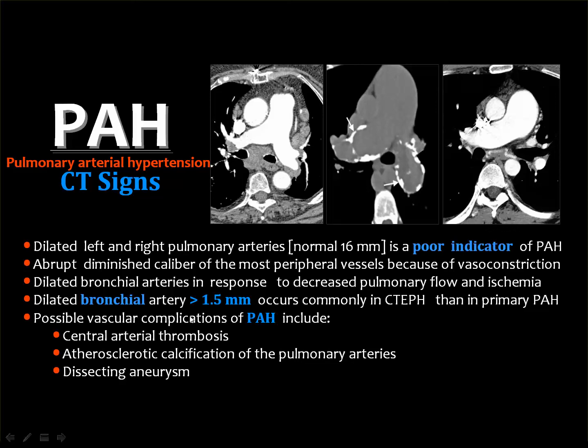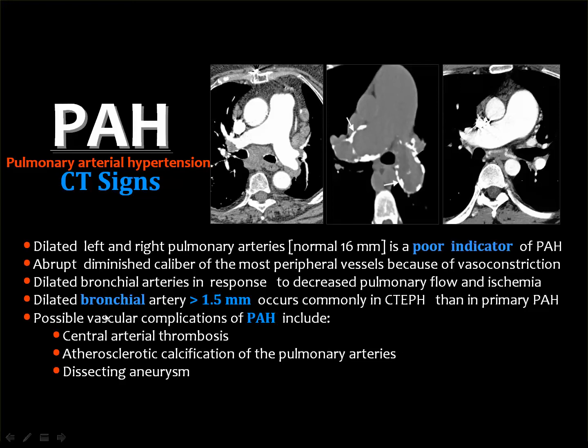Then the dilatation of the bronchial arteries, which drive the collateral circulation in cases of decreased pulmonary perfusion, is also one of the signs.